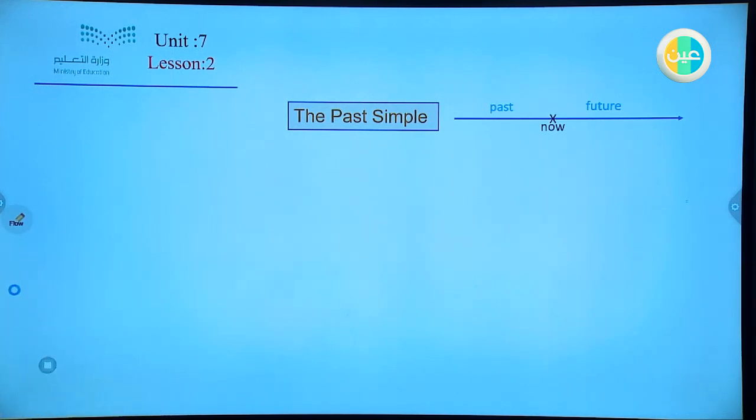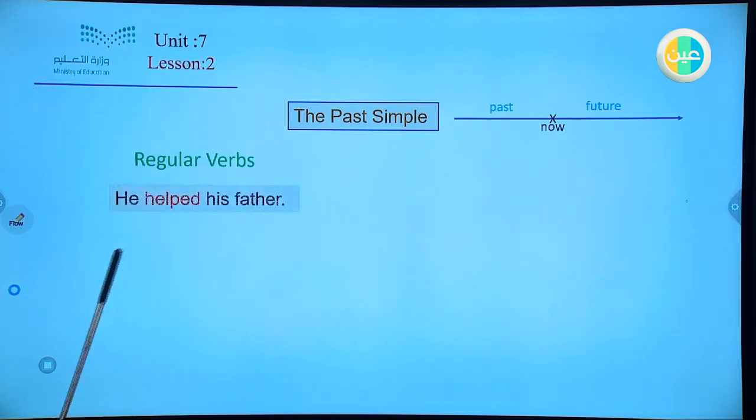Do you remember? Okay, we have regular verbs as we said. For example, let's read the sentence. He helped his father. We have he, the subject, helped, the verb, and we said it's regular. Why? Because of the ed, we didn't change the verb, we just added the ed.